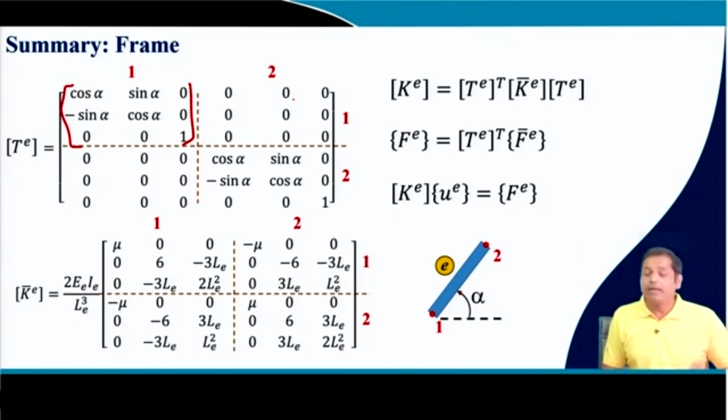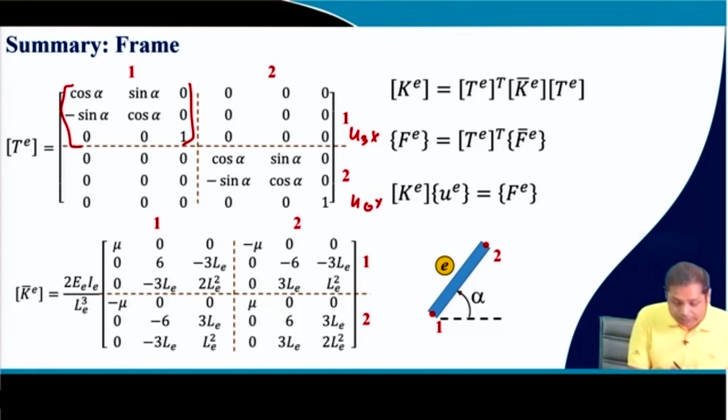Now from there, if we have to determine the similar thing for a truss problem, what can we do? The only difference between the truss and frame is that we do not have the third degree of freedom, the rotation degree of freedom. So we do not have U3 and U6 for a truss problem.